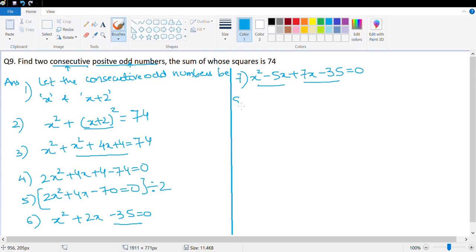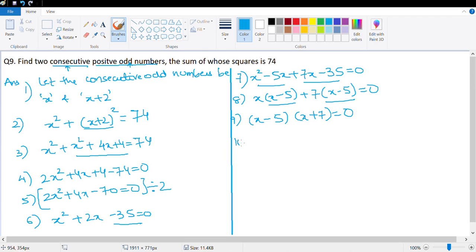Grouping it the way I have underlined, x times x minus 5 plus 7 times x minus 5 is equal to 0. x minus 5 is common, so x minus 5 times x plus 7 is equal to 0, which means x minus 5 is equal to 0 or x plus 7 is equal to 0. This gives us x is equal to 5 or x is equal to negative 7.